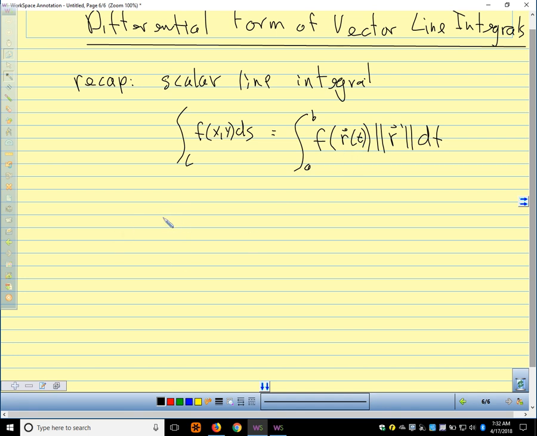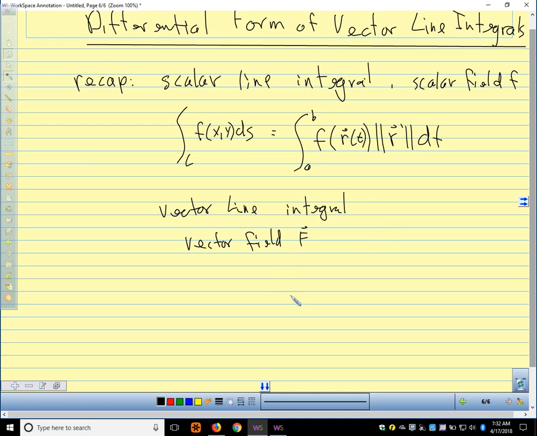For a vector line integral, we have a vector field f. I guess I could write here that for the scalar line integral we have a scalar field f.